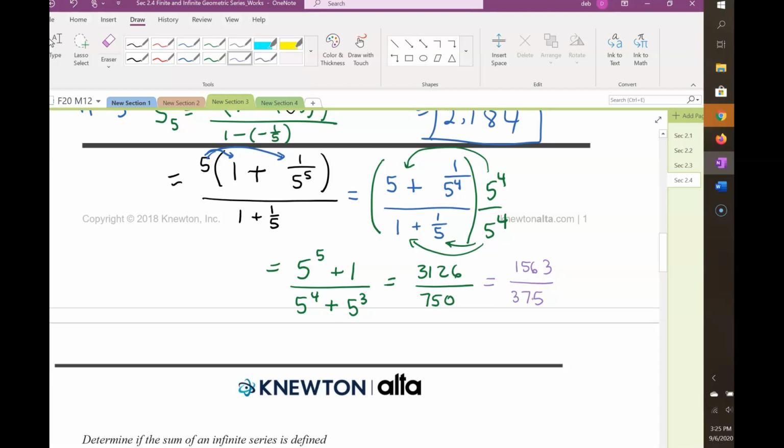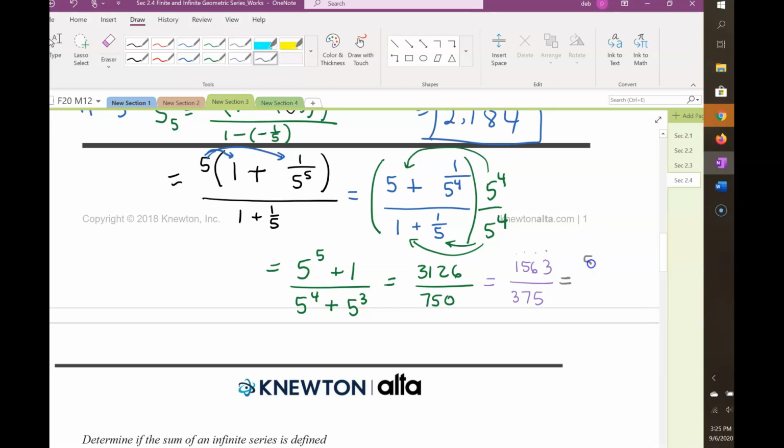And then you can tell if a big number divides by 3 by adding up all the digits. 1 and 5 is 6, and 6 is 12, and 3 is 15. Add those together and you get 6. So the numerator divides by 3, and the denominator divides by 3.